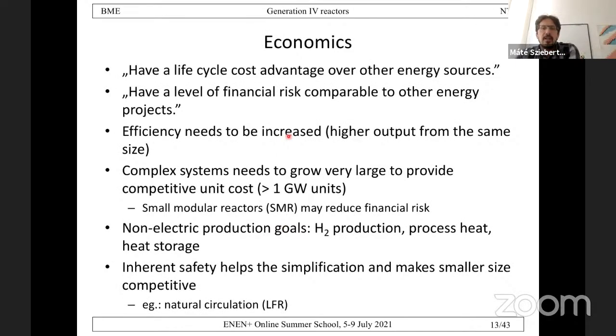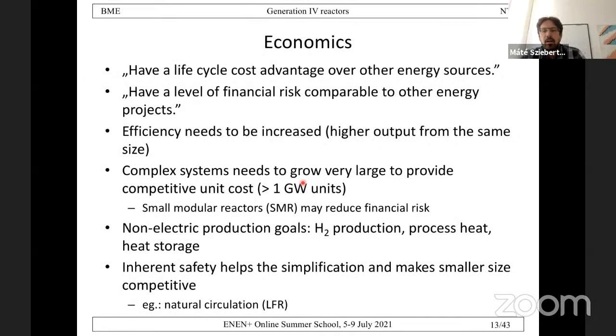If we look into the economics, then on one side, the efficiency needs to be increased. So with that, we can have higher electricity output from the same size. And our problem is that complex systems like nuclear power plants need to grow very large to provide a competitive unit cost. And this is why our reactors at present are such large units.